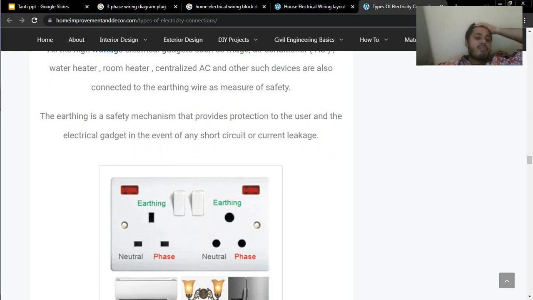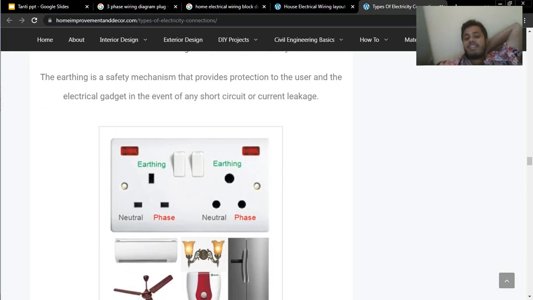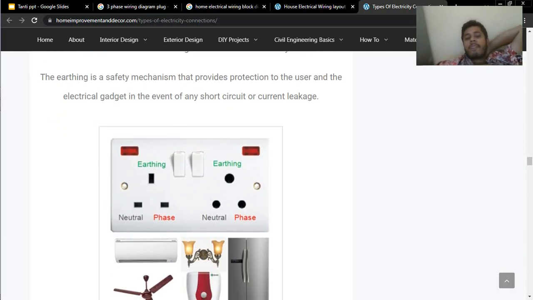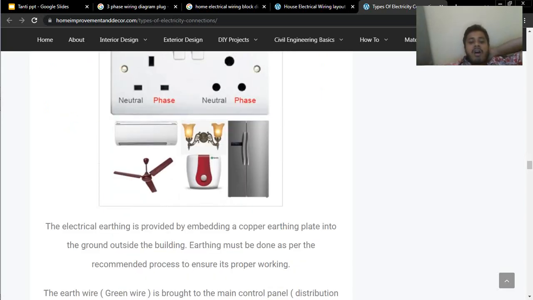Earthing is a safety mechanism that provides protection to the user and the electrical gadget in the event of any short circuit or current leakage. That is what gives the protection. So earthing is here, this one is the earthing, neutral, phase.